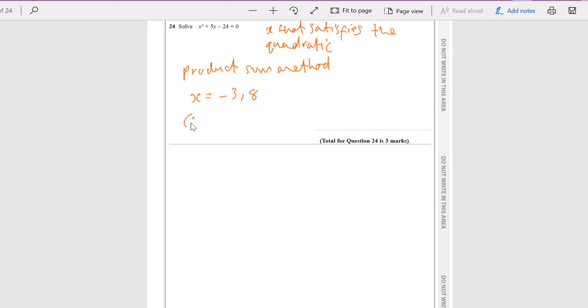So let's put them into this factorized form in brackets: x plus 8, x minus 3 equals 0. That implies that x equals minus 8 and x equals 3.